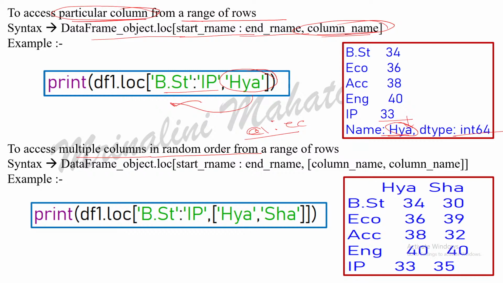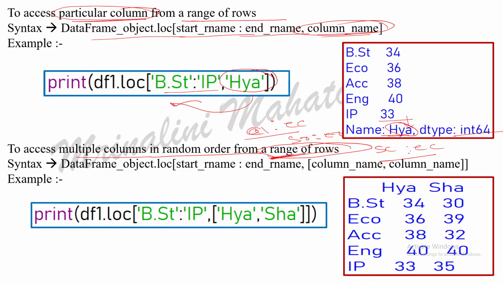But random order means we did not set any continuous order, so we will not use that. Whenever they talk about range, range for columns, range for rows, that is continuous order. That time we use starting row to ending row, and range of columns, starting column to ending column.